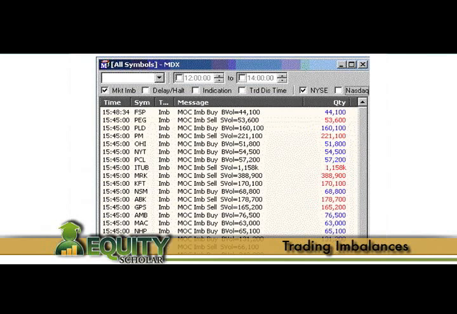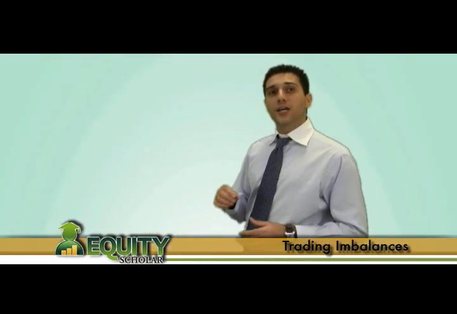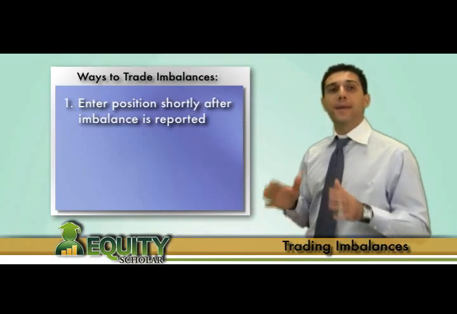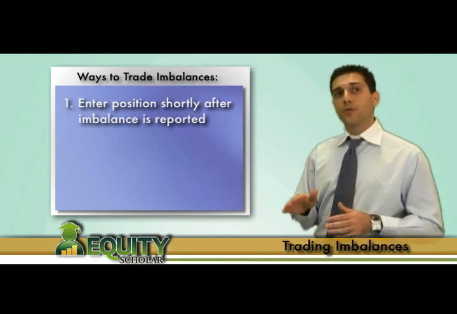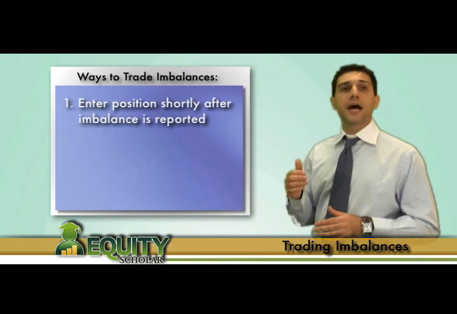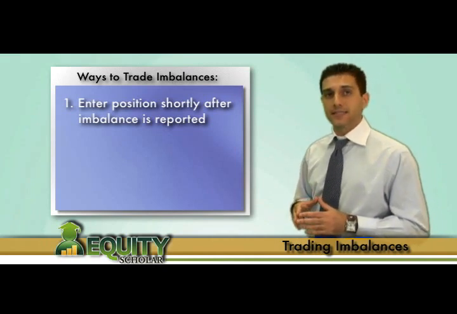Once you've identified the significant imbalances, there are two common ways to trade them besides simply scalping the volatile moves. The first is to enter the stock soon after the stock reports an imbalance at 3:45 p.m., looking to lock in a great price close to the price the stock was trading at pre-imbalance.